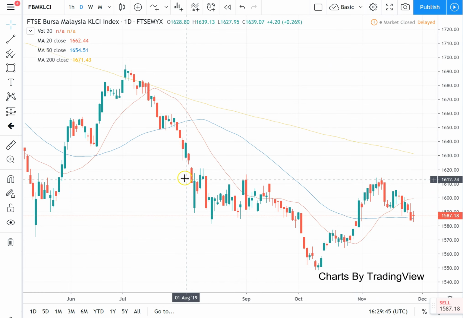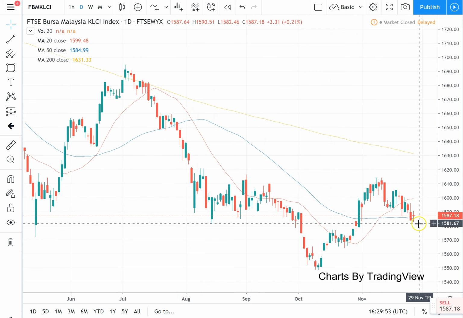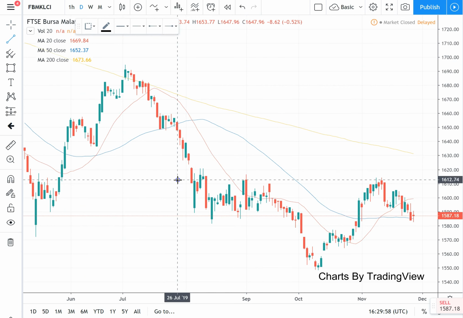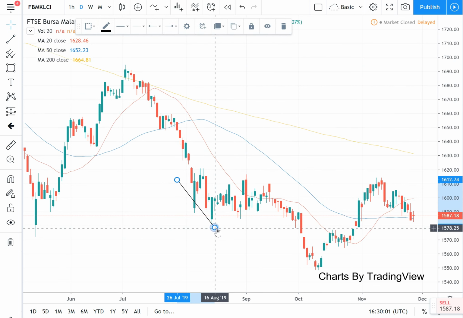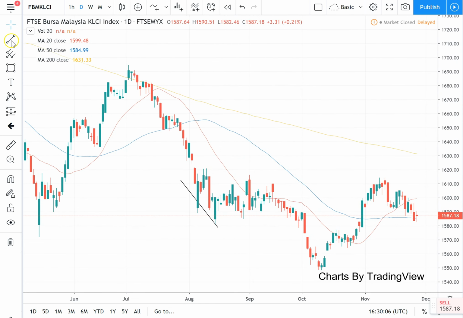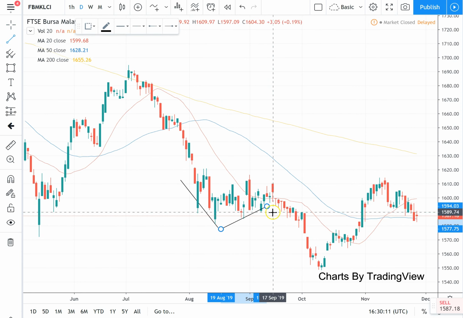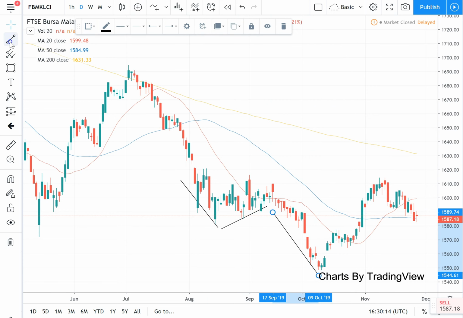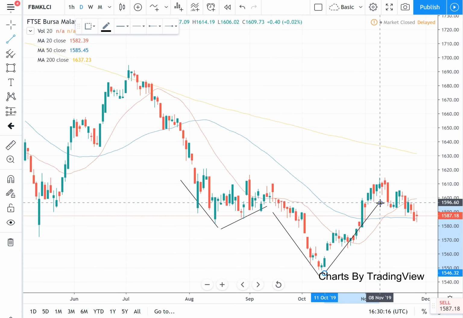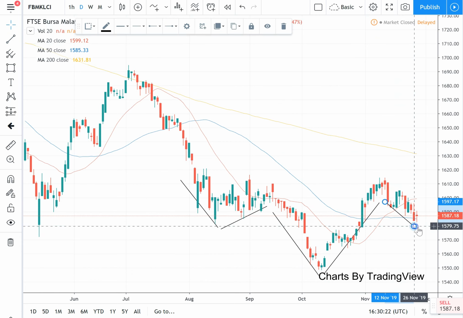So there might be a possibility that a reverse head and shoulder might be forming. This is not a very good reverse head and shoulder, but I would call it a variation. So let me just draw this for you so you can see it clearer. You have the head now, and then the right shoulder.